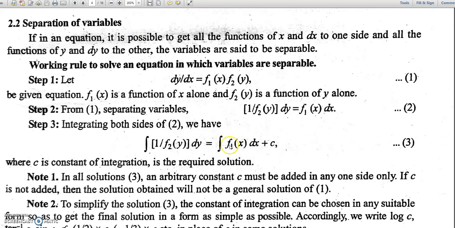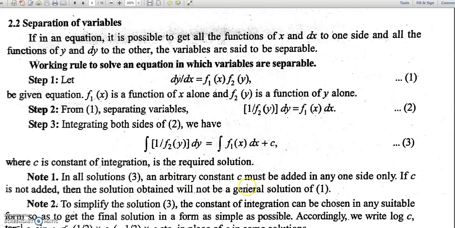You can add c on both sides, but since the left hand side c and right hand side c, if you take the difference, is again a constant, you just write a single constant here as plus c. So note that the constant c must be added on one side only. If c is not added, then the solution obtained will not be a general solution.